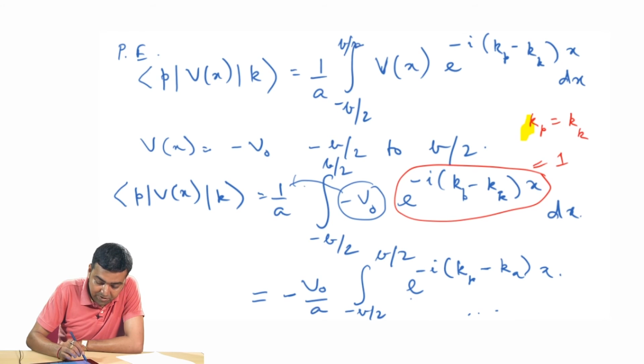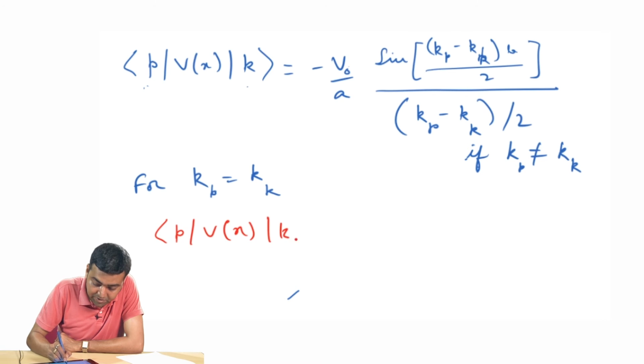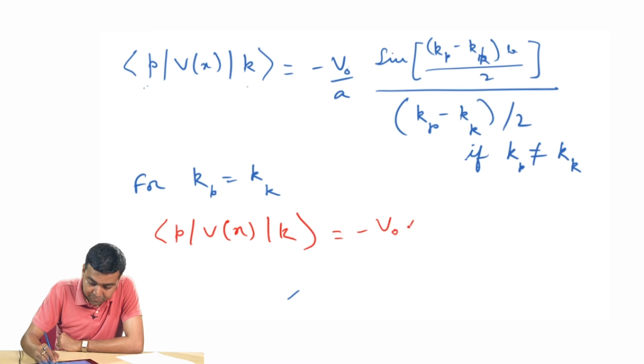If I do the integral, what I will get is <p|V(x)|k> just equal to minus V 0 b by a.